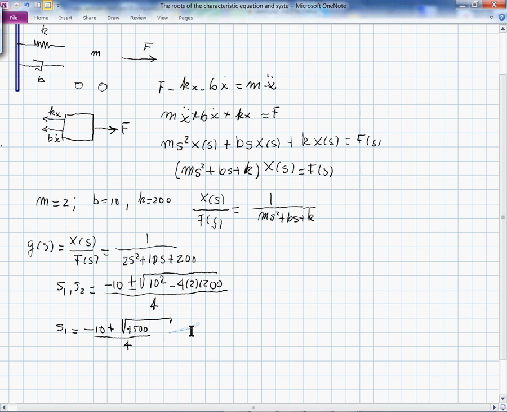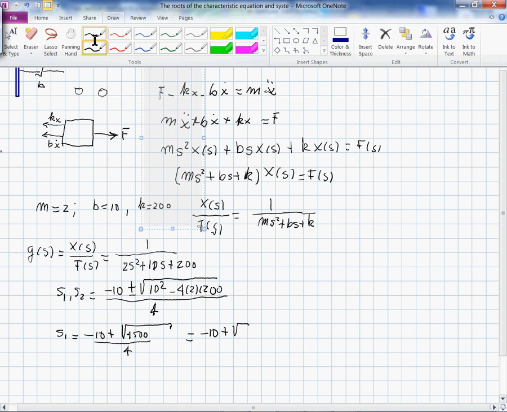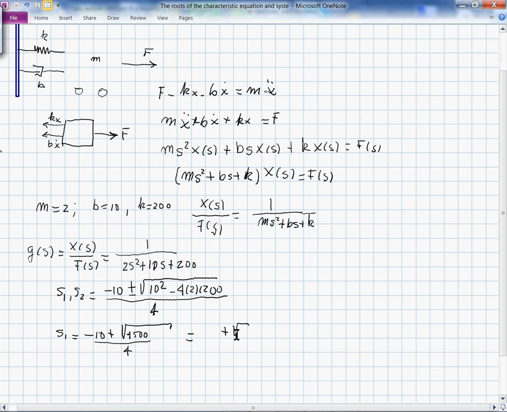So this is, see if we can do this, minus 10 plus the square root of, no, not the square root, we figured out what it is now, and we write it down, and the value is approximately 38.